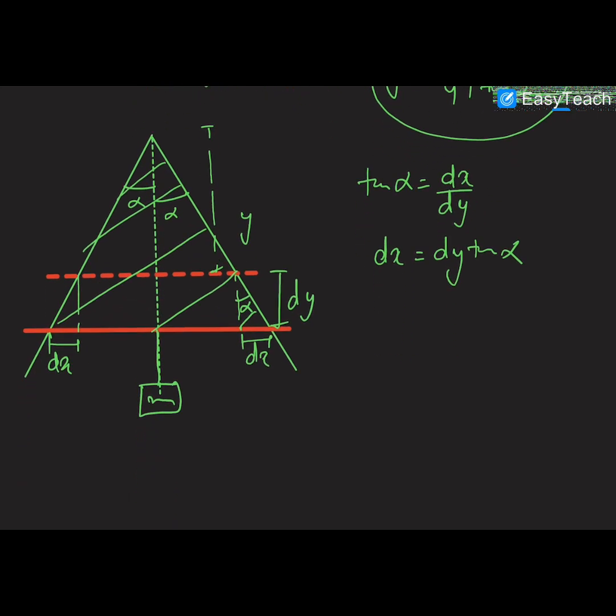Obviously we know that initially this length is still x and this is still x, and the cohesive force acting on this length is balancing out mg.